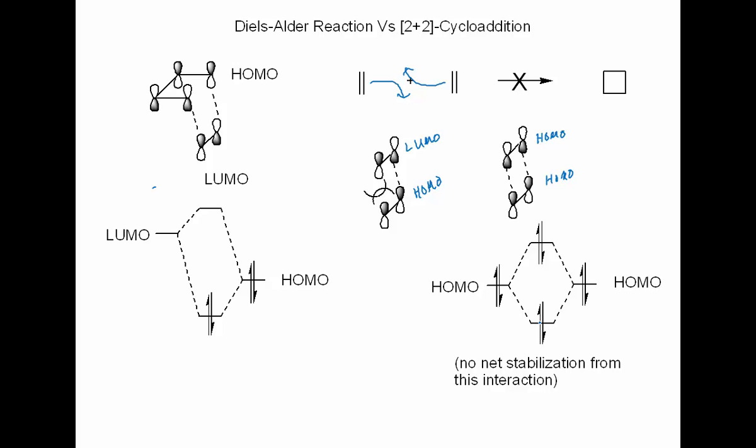You might be saying, duh, what about ring strain? Well, angle strain. Yeah, that's probably a component of it. It's not going to be as exothermic, but there are lots and lots of examples.